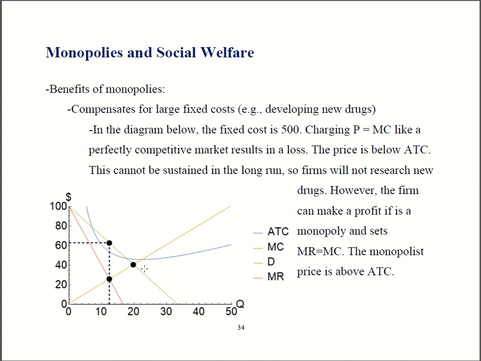Now, a monopolist is going to do something different. We know the monopolist charges where marginal revenue equals marginal cost. Or I shouldn't say charges, they produce where marginal revenue equals marginal cost. So marginal revenue is shown here in red. Remember I said earlier, marginal revenue has the same intercept as demand, but double the slope.